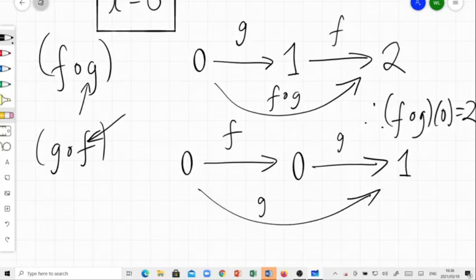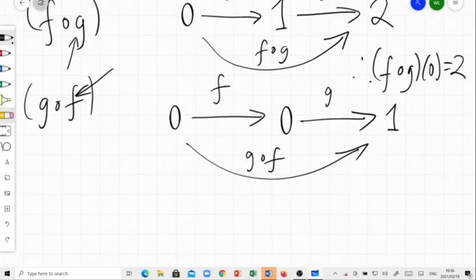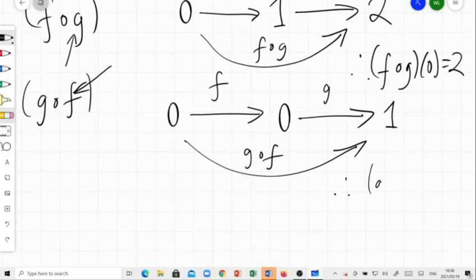And so this is g of f. And so therefore, g of f at 0 is going to be equal to 1. So notice that f of g transforms 0 into 2, but g of f transforms 0 into 1. So the two functions are not the same. Okay?